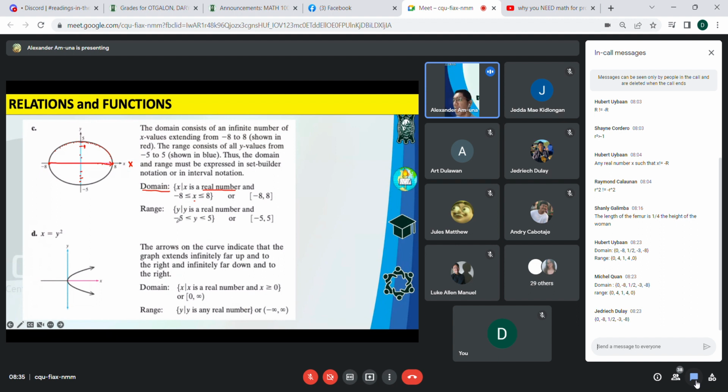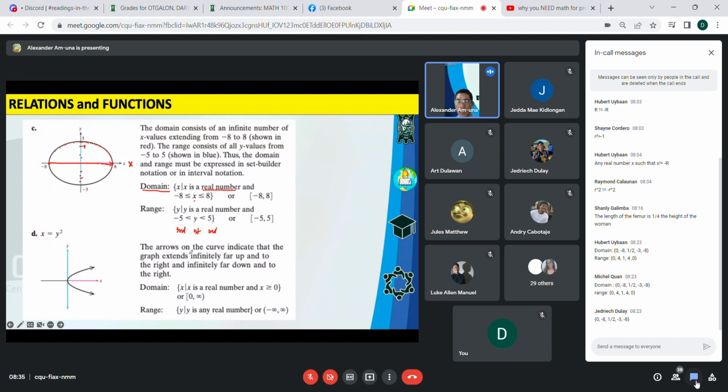So we described that. The range, remember the set builder notation? Okay. Say the range is the set of all y's such that y is a real number, and y, when you read this one, you start from the middle. Okay, so you start from here first, second, and then third.